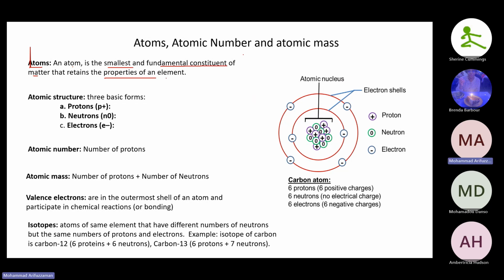So it is the smallest particle that retains the properties of an element. For example, iron. If I just write the iron atoms, many iron atoms form the iron element.